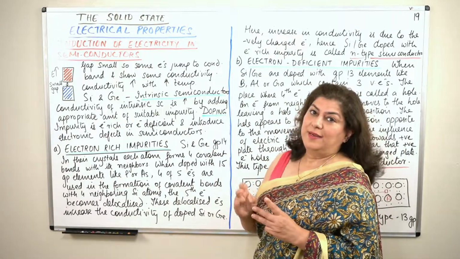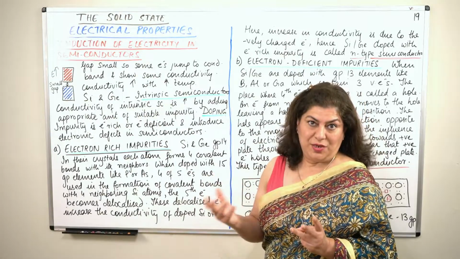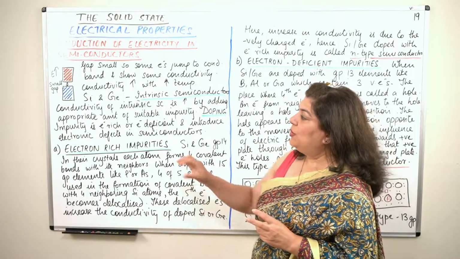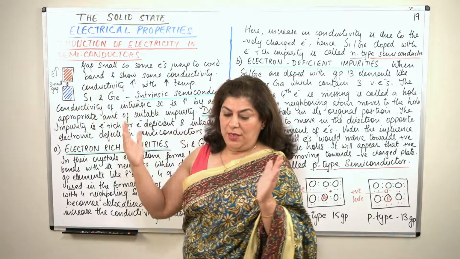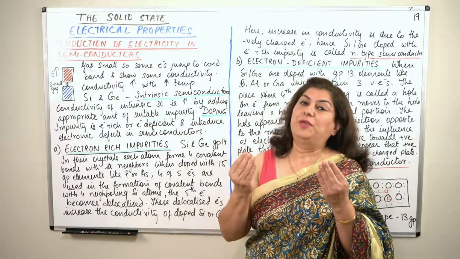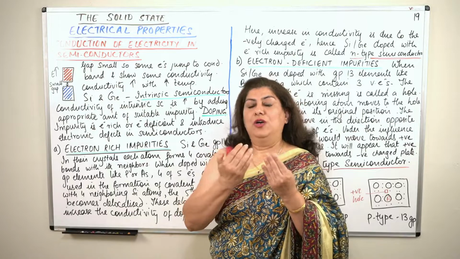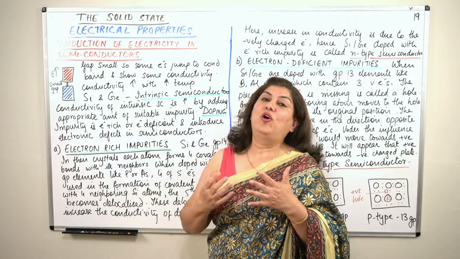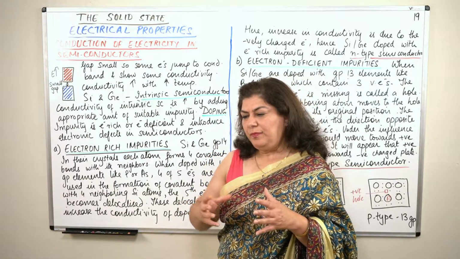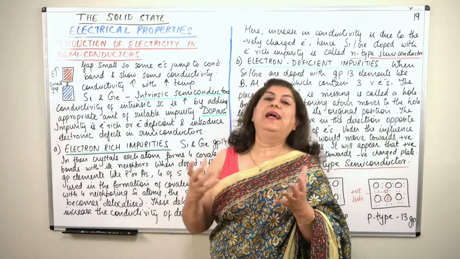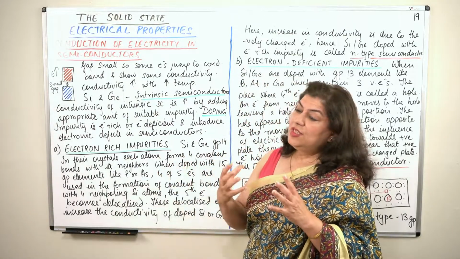I explained conductors, how metals conduct electricity, where I told you that there is a valence band. The different atomic orbitals of metals superimpose on each other and form kind of molecular orbitals.